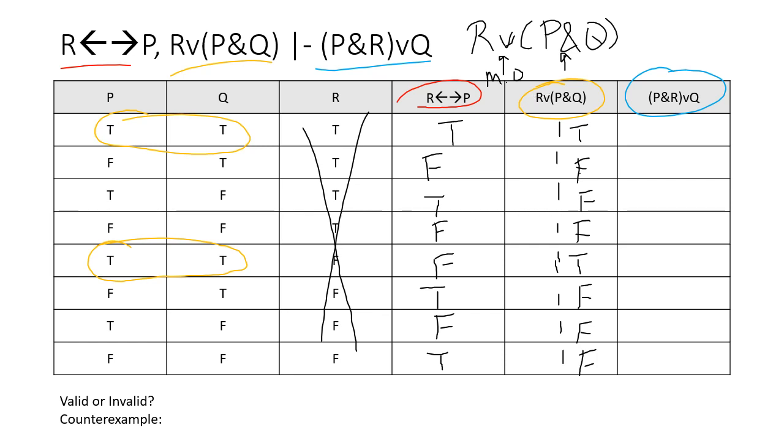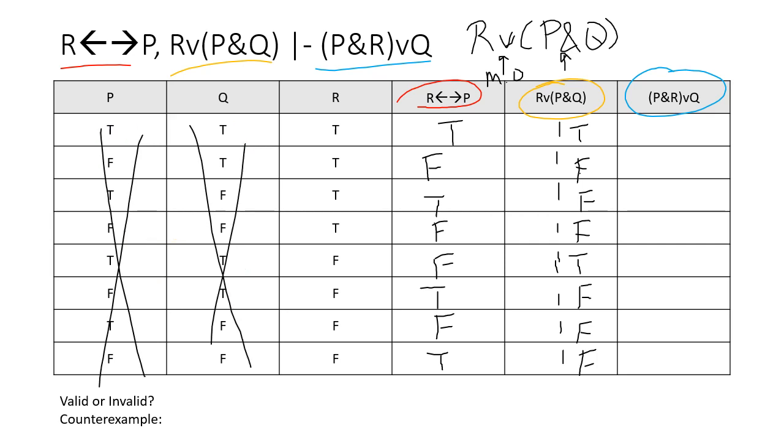And now we can bring R or Q back in. These we can ignore because this is our left side, this is our right side. And then, so it's going to be wherever at least one of them is true, true, true, true, true, true, true.